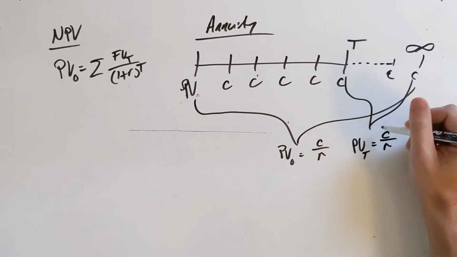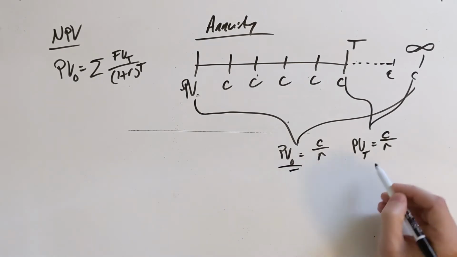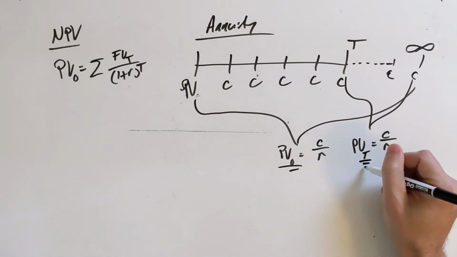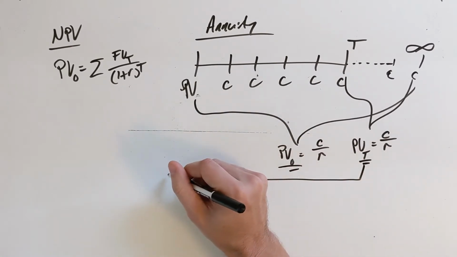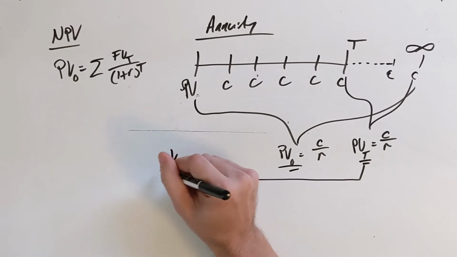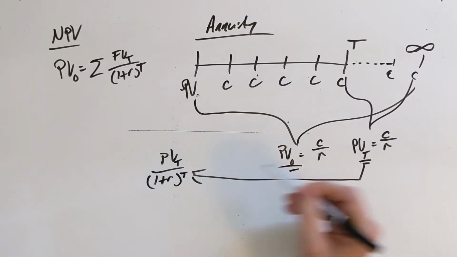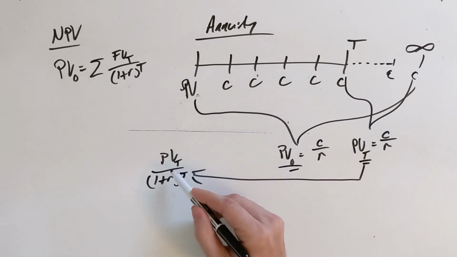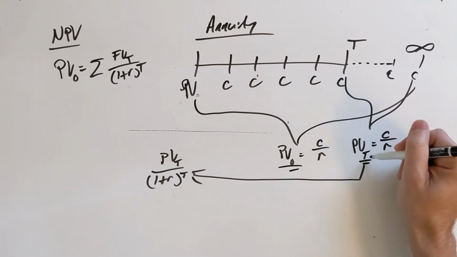And here's the thing, this is at time 0, this is at time t, so I need to discount this back to time 0. The way I do that is I take the present value at time t divided by 1 plus r to the t.